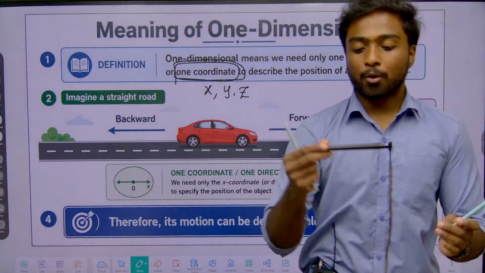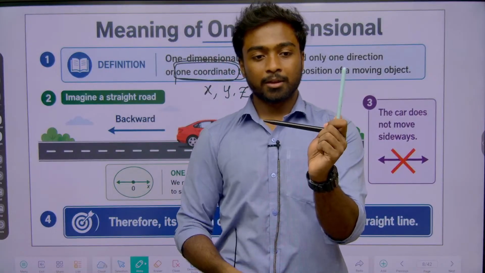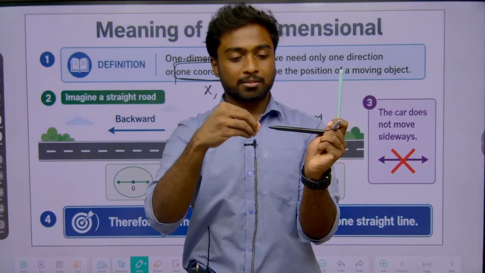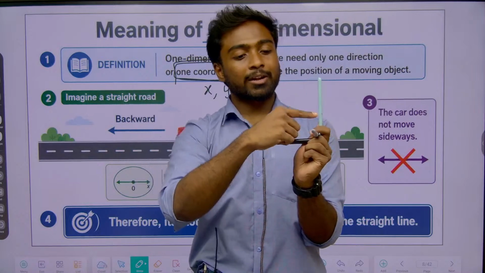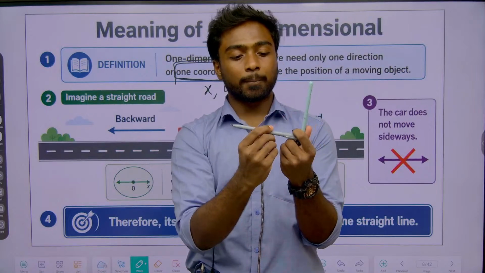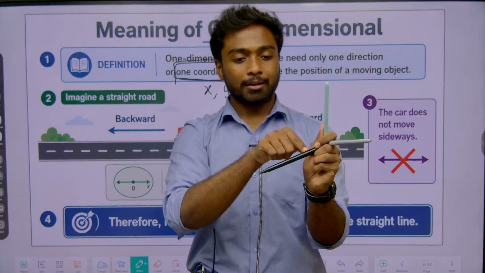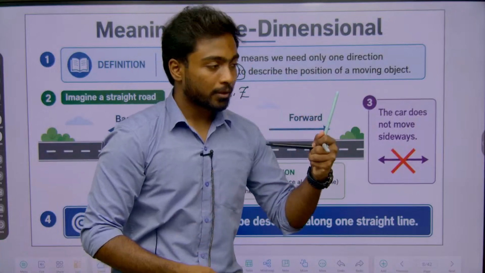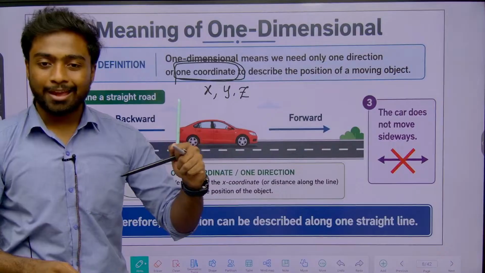So if I say this is the x axis, this is the y axis, and see here, this will be my z axis. Everything is perpendicular to each other, no? 90 degrees, 90 degrees, 90 degrees. So everything should be perpendicular to each other. This is how we talk about the x, y, z axes.